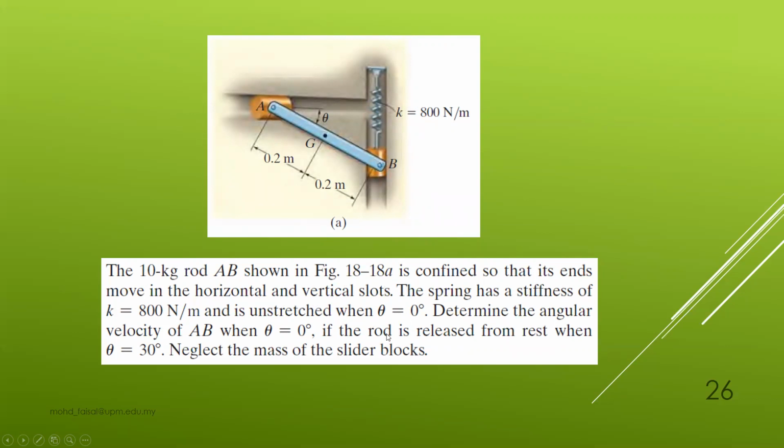On this problem, you need to determine the angular velocity of AB when theta equals 0, if the rod is released from rest when theta equals 30 degrees.